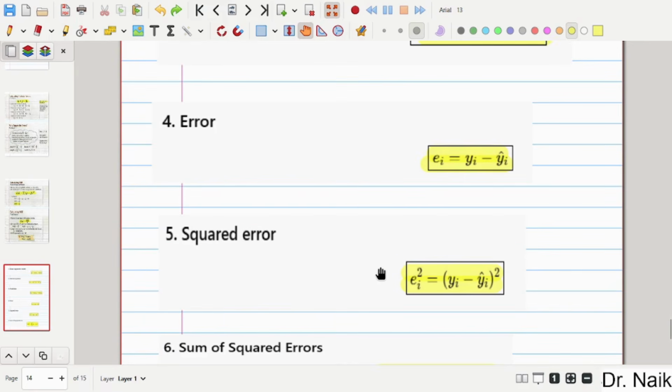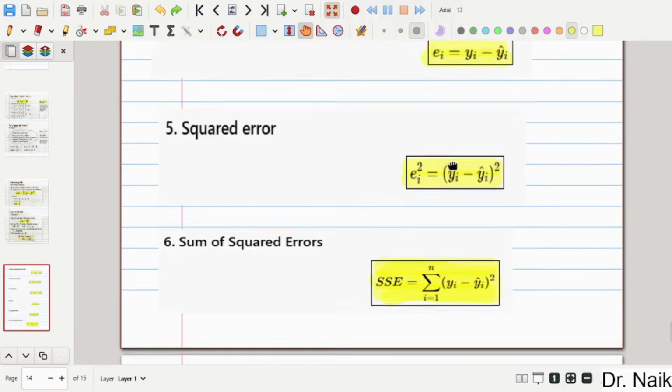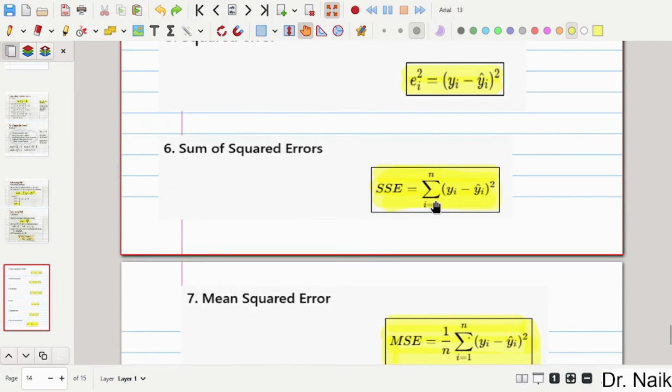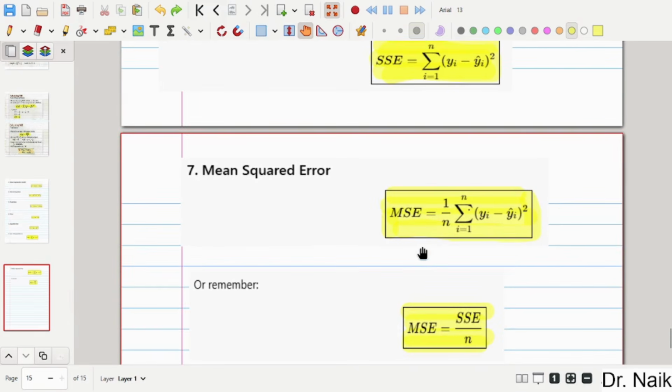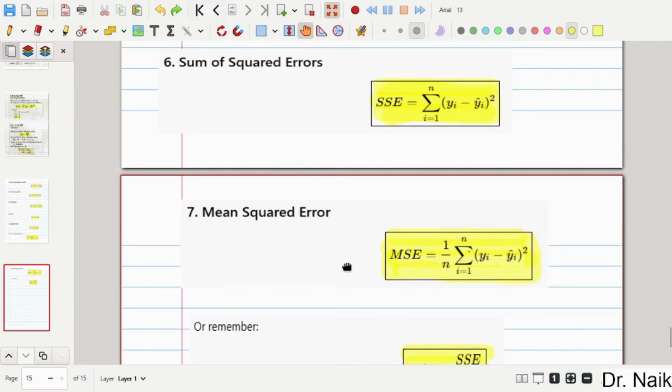Squared error is ei squared, equal to yi minus y hat i, whole squared. Sum of squared errors is summation from 1 to n of yi minus yi hat, whole squared. The MSE is SSE divided by small n, or it is also calculated by 1 upon n summation from 1 to n of yi minus yi hat, whole squared.